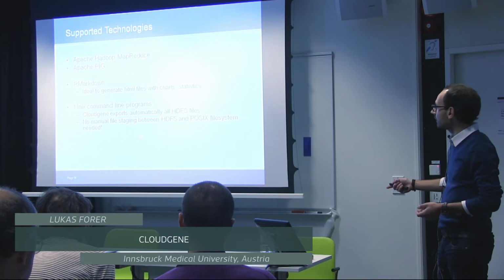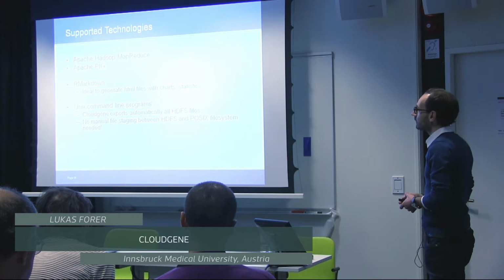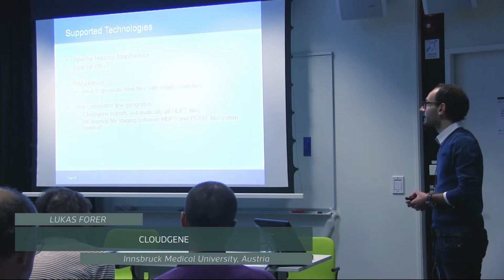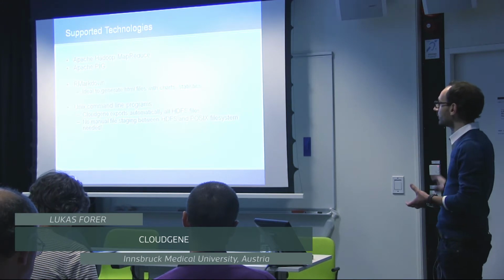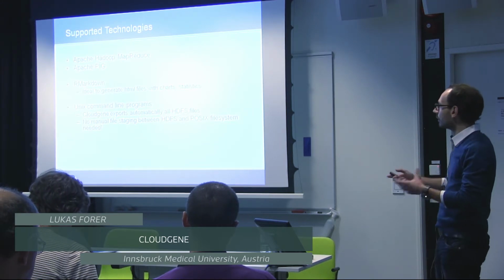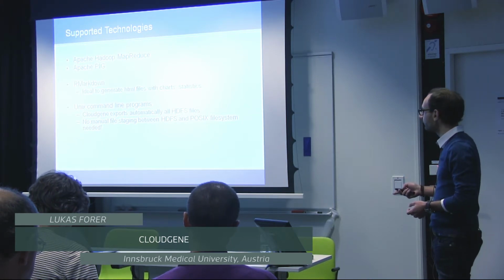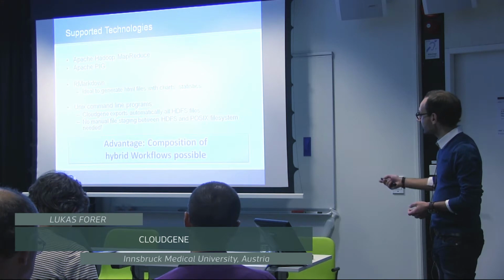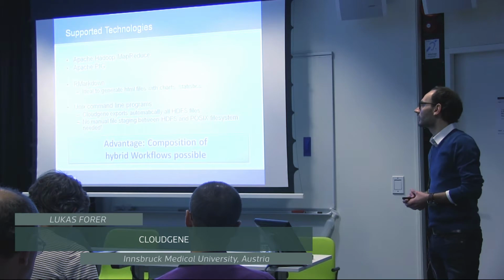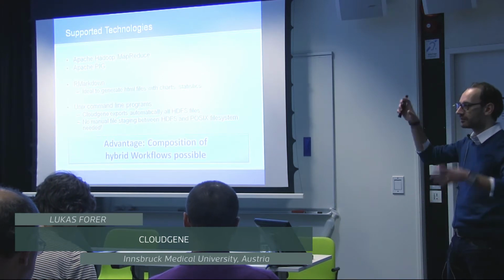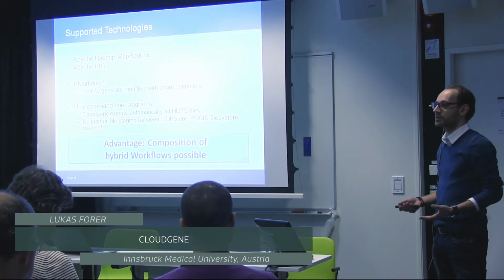The second possibility is to use any Unix command line program, and in this case CloudGene helps you by automatically exporting HDFS files from the HDFS file system to the POSIX file system, so no manual file staging is needed. And all this has the advantage that we can create hybrid workflows, so we can mix different technologies in order to analyze our data in a very efficient way.